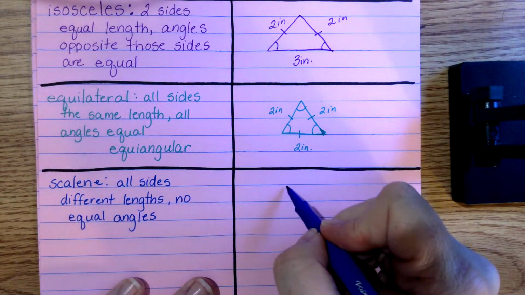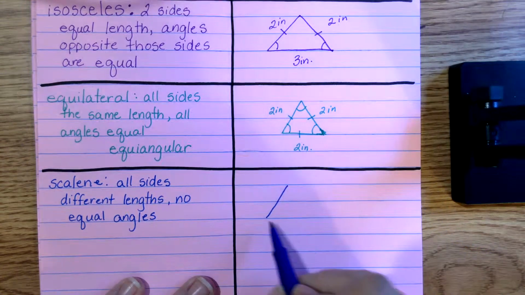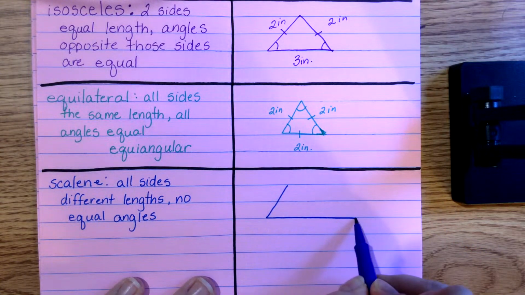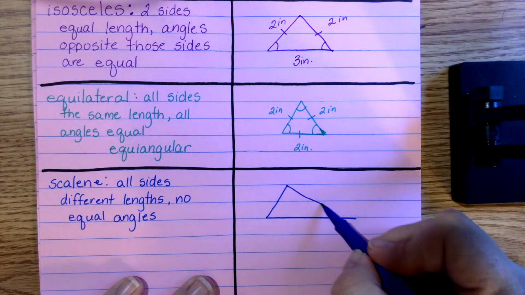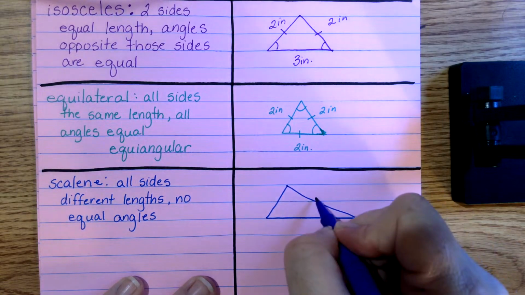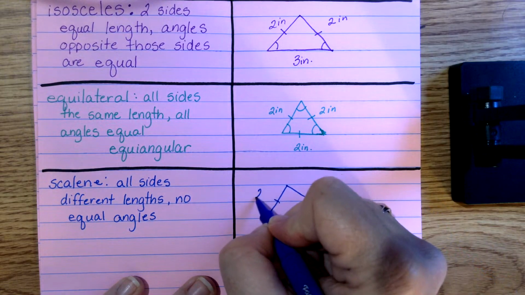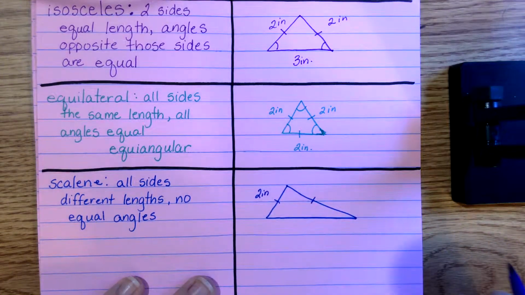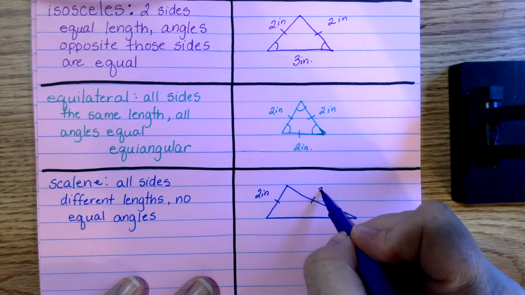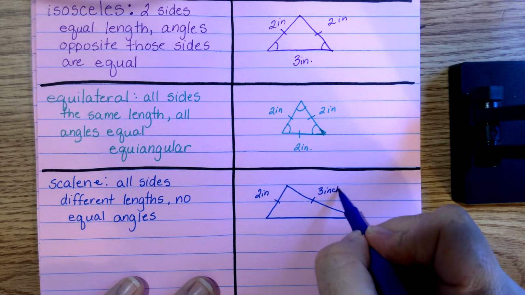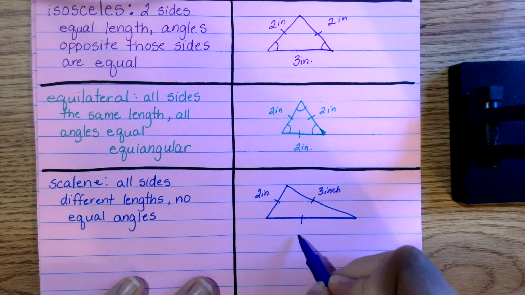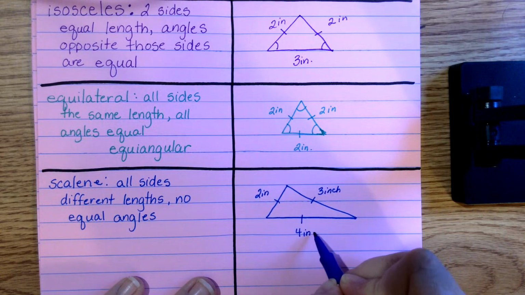And that's going to be something like this, where maybe we have 2 inches, we have 3 inches, and we have 4 inches.